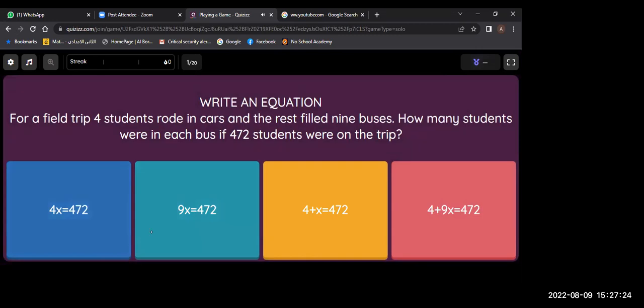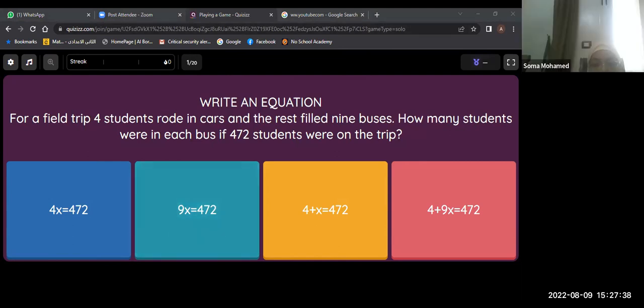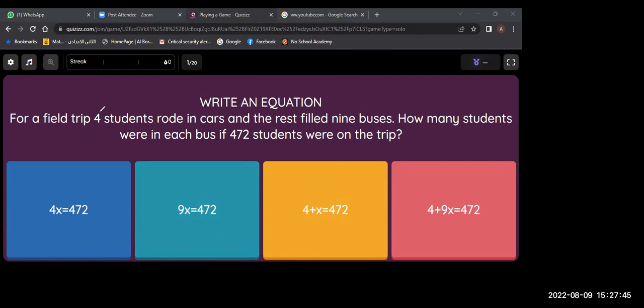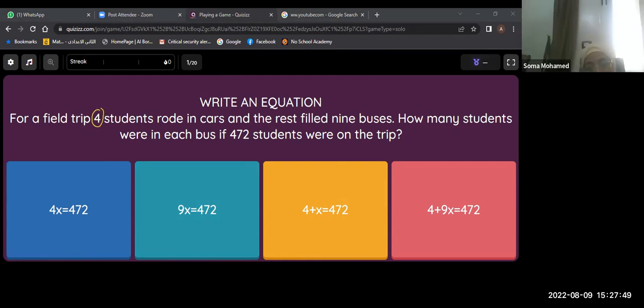Okay. For a field trip, 4 students rode in cars and the rest filled 9 buses. How many students were in each bus if 472 students were on the trip? I want to write the equation. Write the equation. For a field trip, 4 students rode in the car and the rest filled 9 buses.